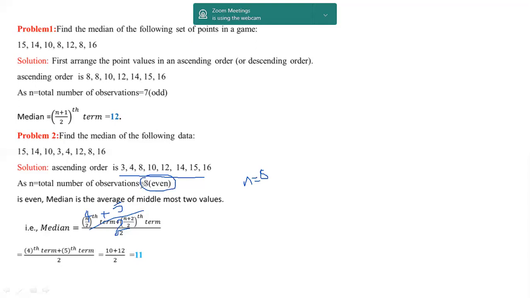What is the fourth term from the ascending order series? The fourth term is 10 and the fifth term is 12. So 10 plus 12 is 22, by 2. So the median of the given series is 11.